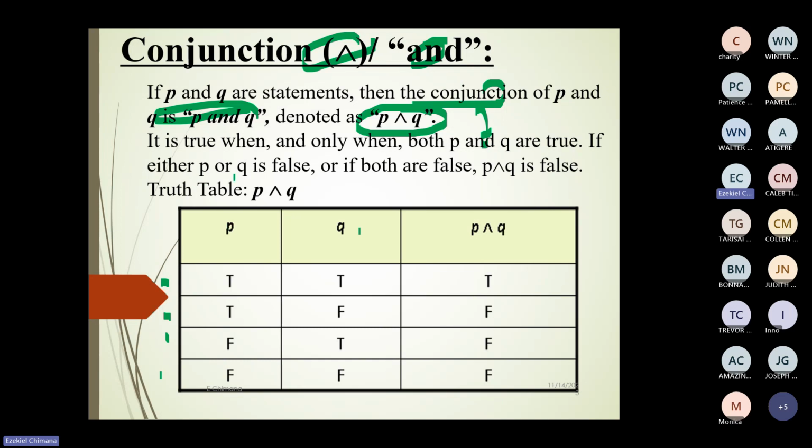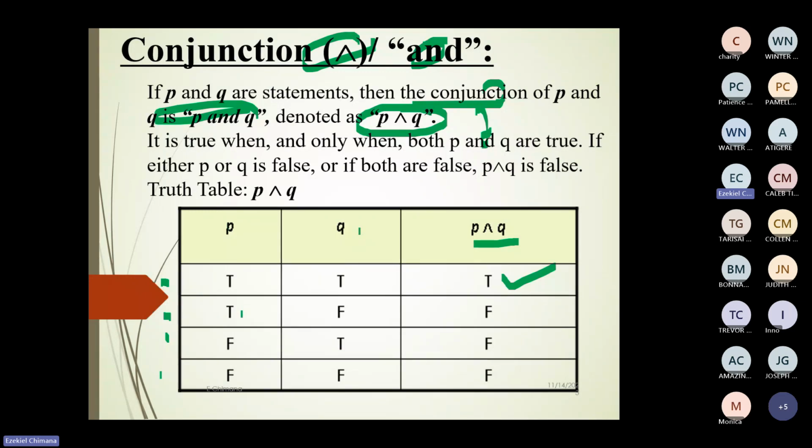And then we just want to start this operation, P and Q. How does it behave using a truth table? So whenever you are using this operation, true and true. Whenever you have a statement with a truth value joined with a statement with a truth value, you always get a statement which is true.